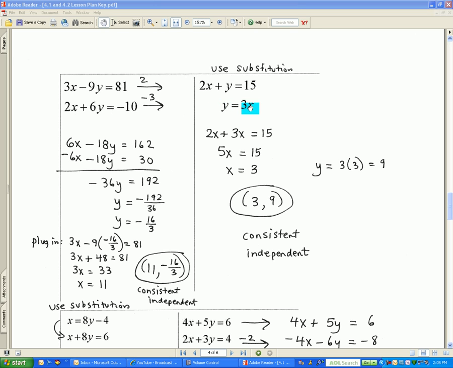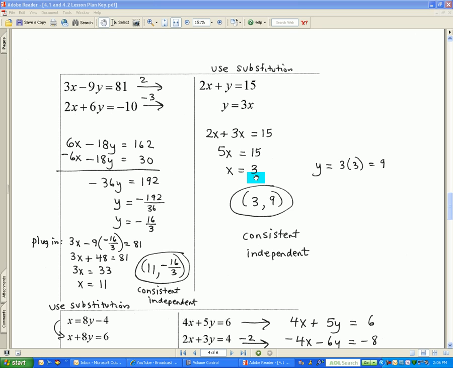So look what happens. It's really kind of clever. Y equals 3x. So what that means is, in this system, anytime I see y, I can substitute it with 3x. I go to the top equation, and when I rewrite it, it becomes 2x plus 3x equals 15. 5x equals 15, therefore x is 3.